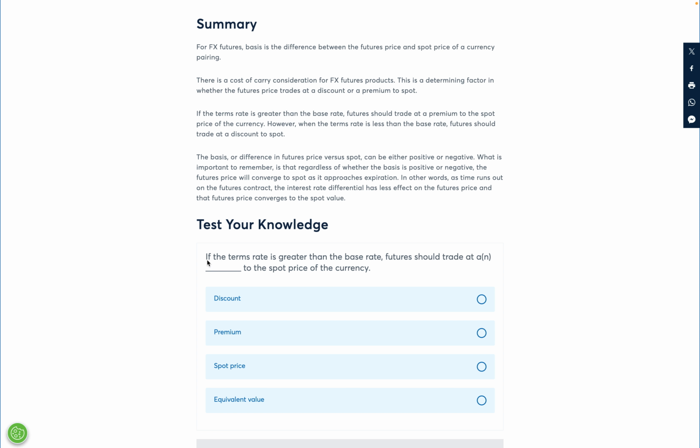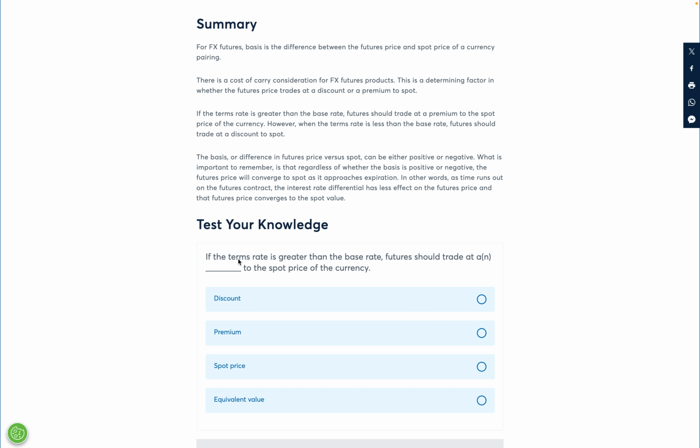In the terms rate, if the terms rate is greater than the base rate, futures should trade at a, to the spot price of the currency. So it's discount, premium, spot price, or equivalent value. So one is greater than the other, so equivalent value is out. Spot price is out, so it's either premium or discount.